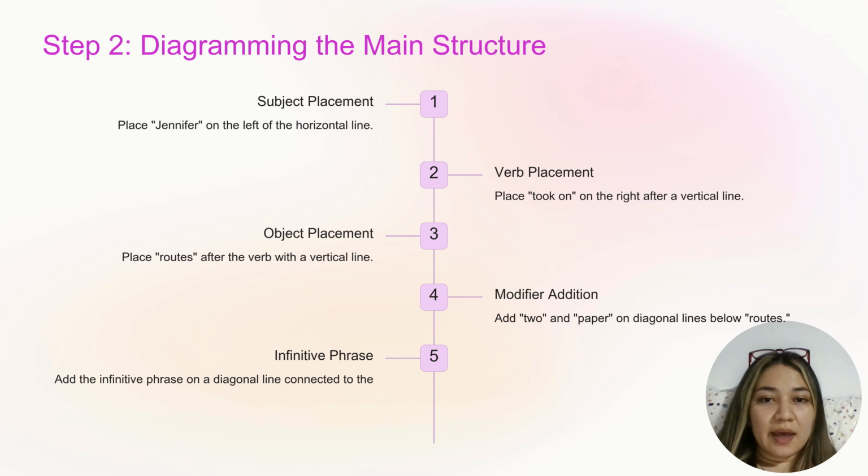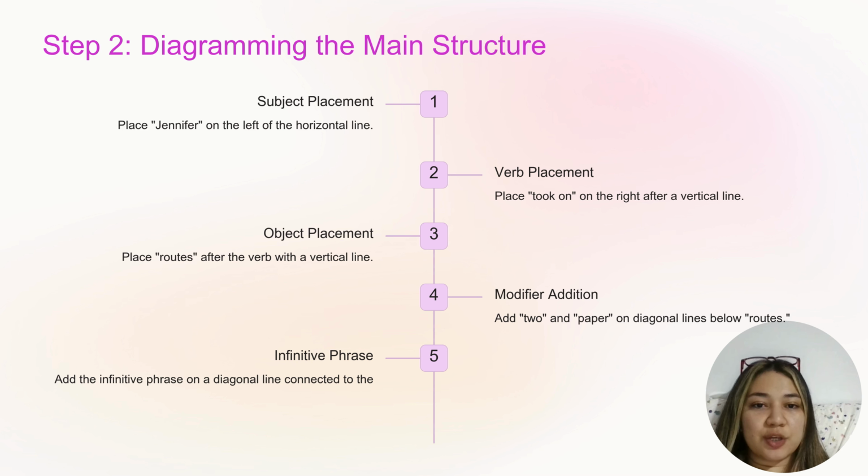So we have step two, talking about the main structure first. You are going to identify the subject placement, right? Place the word Jennifer on the left of the horizontal line, and then the verb placement.